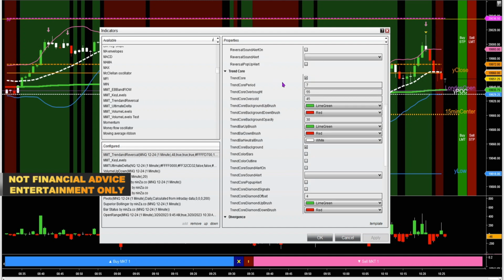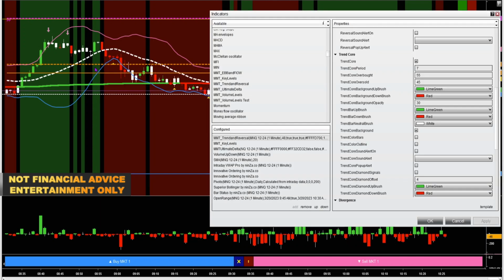For the trend core, I've got a trend period of 7. I've got the overbought at 55 and the oversold at 45. If you want to see more transparent areas, I change the overbought and oversold to 60 and 40 or 70 and 30. If you do not want to see any transparent areas at all, put 50 and 50 in the overbought and oversold.